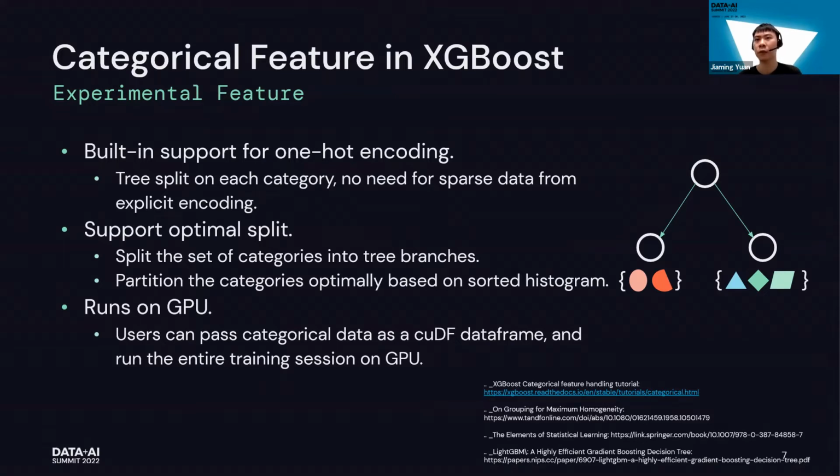So why do we need to support both of them? One of the reasons is that the optimal split has a catch. It's optimal, which means it's subject to overfitting quite easily. If you think about how many possible ways you can partition a set of categories, that's exponential, right?